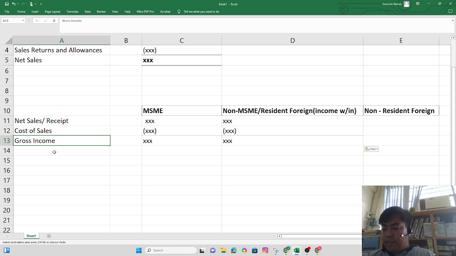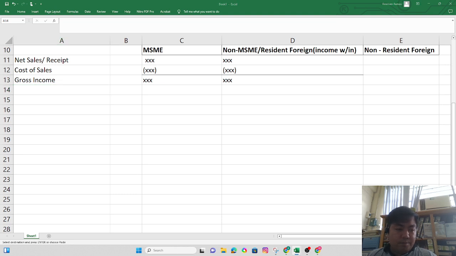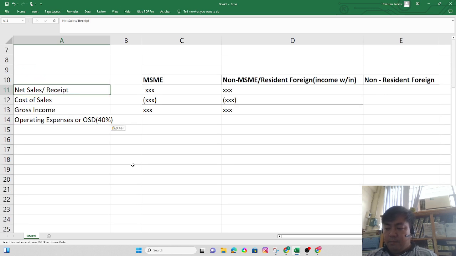Okay, so from the gross income, we can now deduct the operating expenses or the optional standard deduction. So for the optional standard deduction, unlike for individuals, where the 40% is multiplied to the gross sales or receipt, for corporation, the 40% is based on gross income.